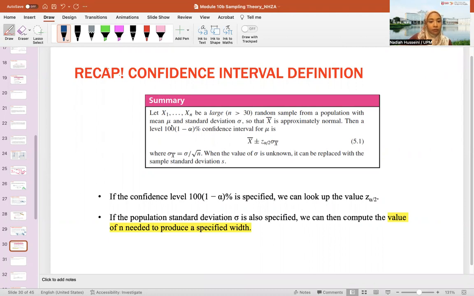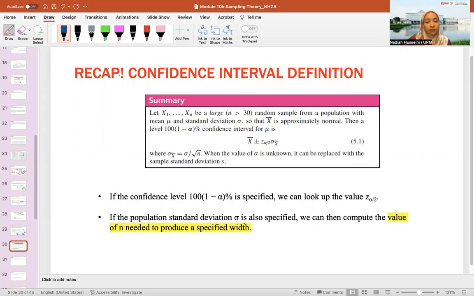Then a level of 100% times 1 minus alpha confidence interval is the same thing that we discussed earlier, same equation as well. When the value of your standard deviation is unknown, it can be replaced with the sample standard deviation S. So this is basically our definition for the confidence interval. So if the confidence interval is specified, we can look up the value for our z alpha over 2.